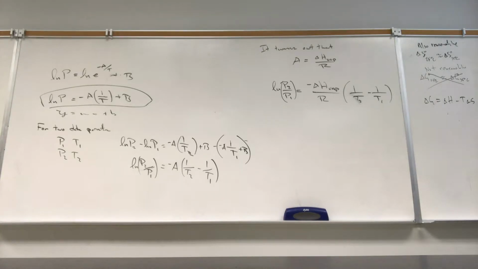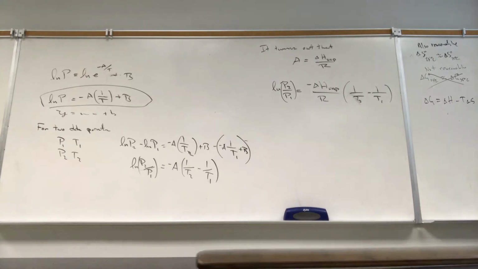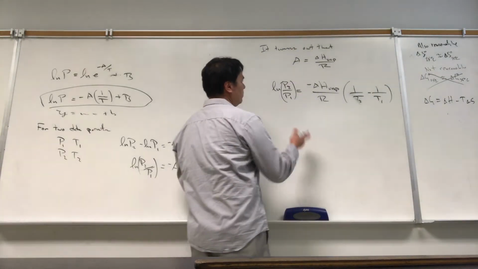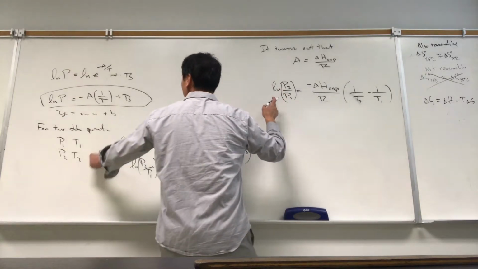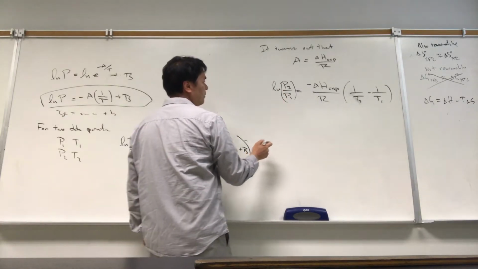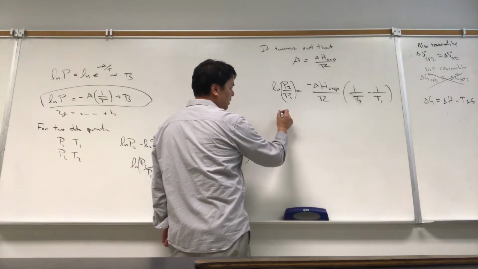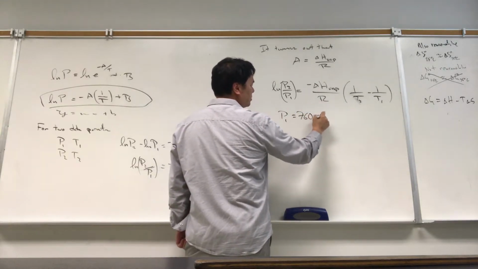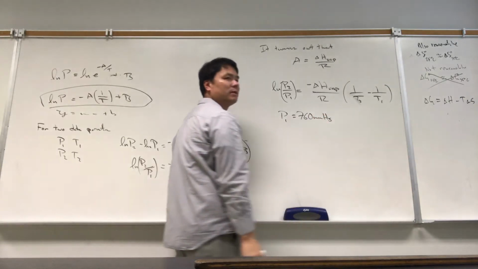This would be the quickest way to determine the boiling point of water at 1 bar. The P's are the vapor pressures, and we know one vapor pressure. We'll call it P1.